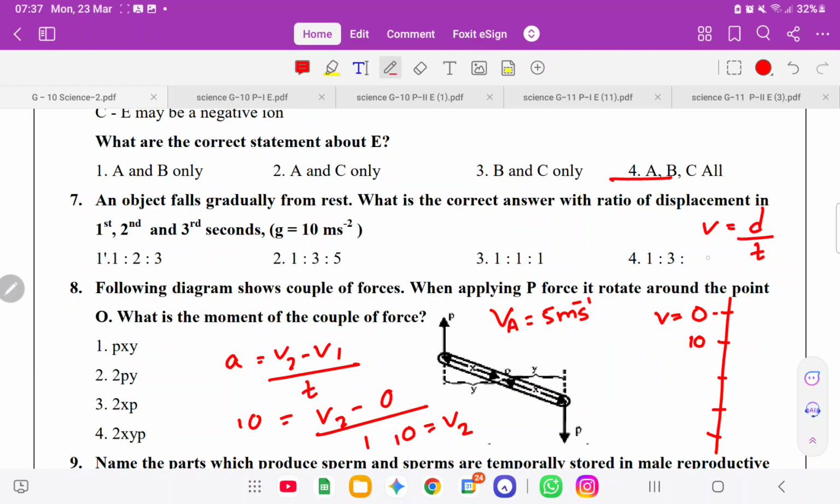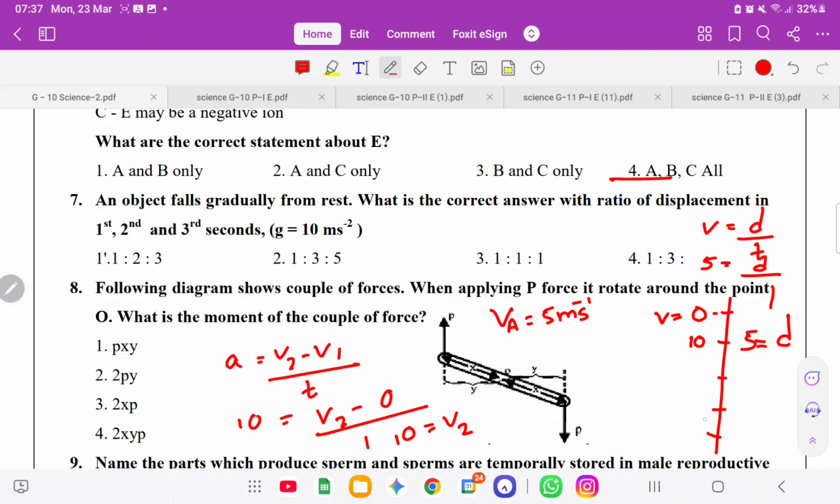Then we can apply it here. D we don't know. T is 1 second, so for the first second D is 5.